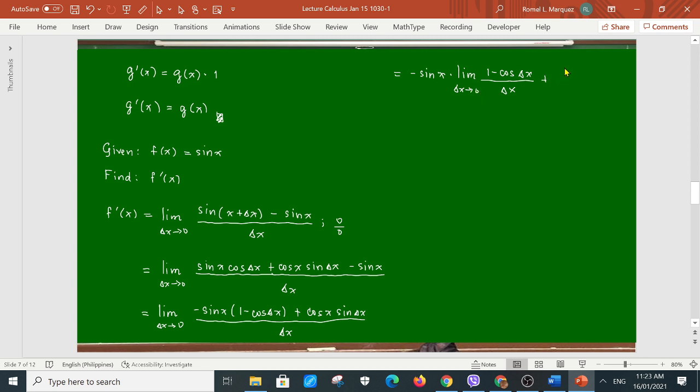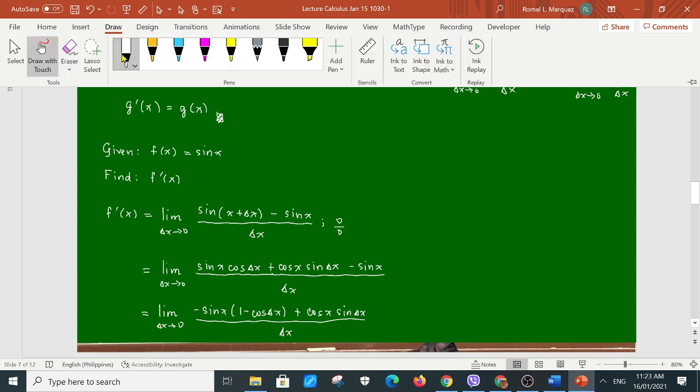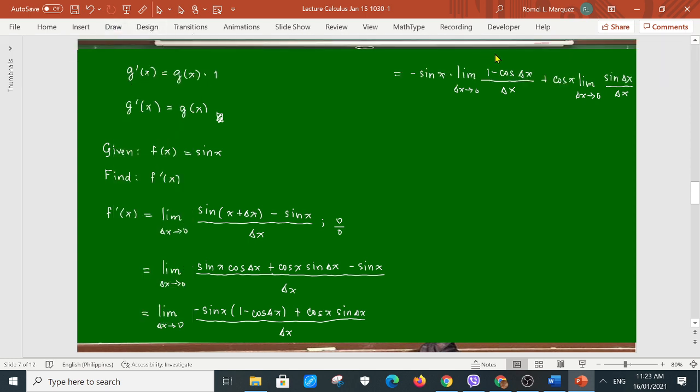Then plus cosine x, which is also constant, times sine delta x over delta x, whose limit also exists as delta x approaches 0. So this is equal to what? 0. This limit is equal to 1.